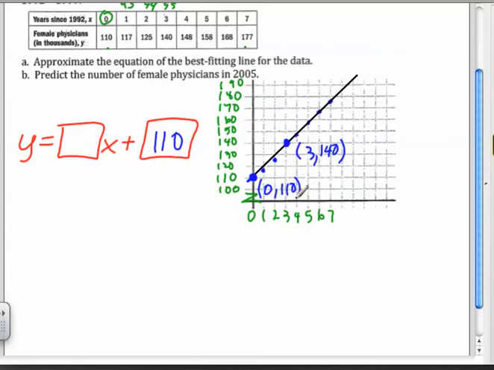Can you find the slope? Remember, the slope is what? Rise over run. Can I use the picture to find it? How much do I rise between these 2 points, Alberto? Well, wait. I rise 30, right? From 110 to 140? And then how much do I run to get to this one?